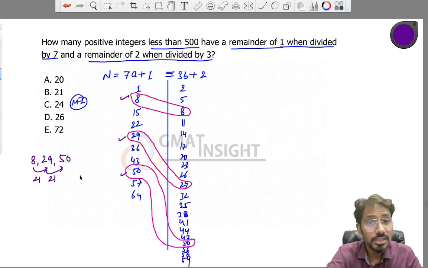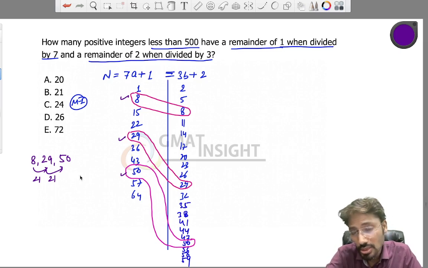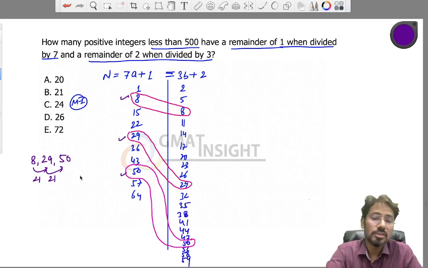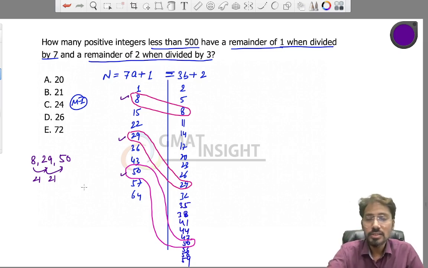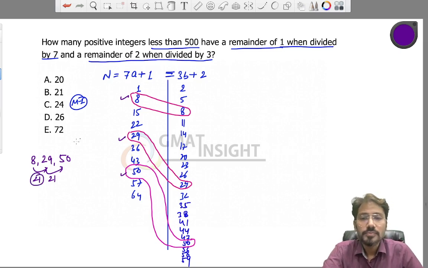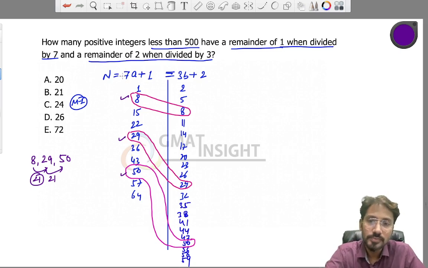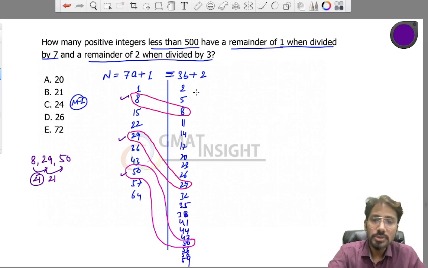That is why I said that there are 2 ways to answer this question. So you can use the arithmetic progression concept here. Since every next term is achieved by adding 21 to the previous number, what is the logic of this 21? The reason is that in the first column, any 2 numbers have a gap equal to 7 or a multiple of 7. In the second column, the gaps between any 2 numbers are multiples of 3.